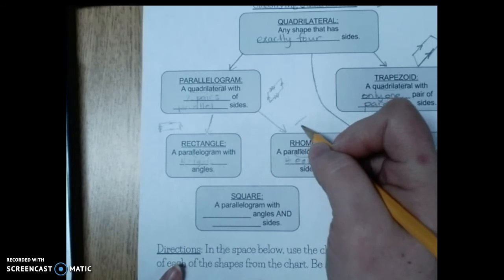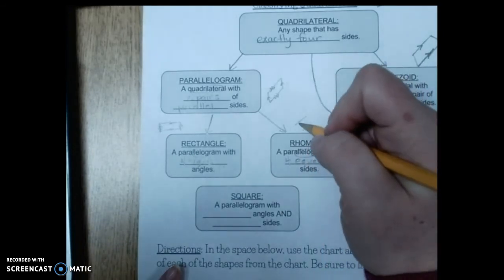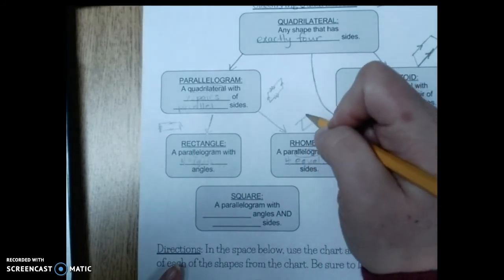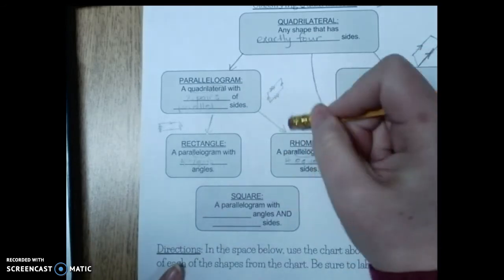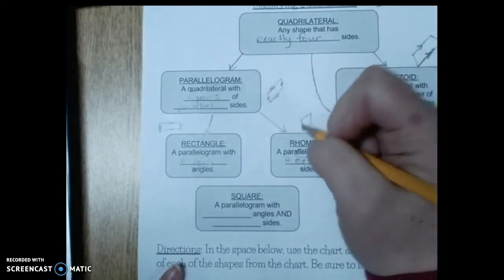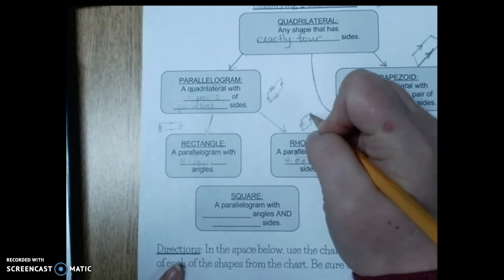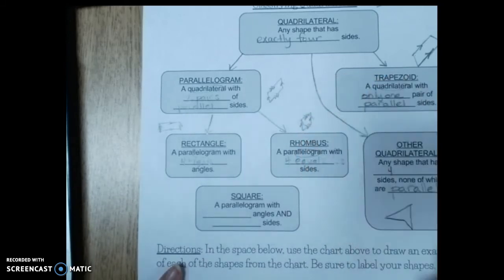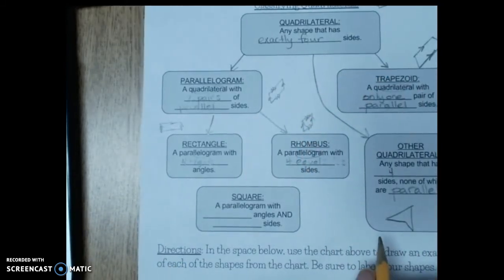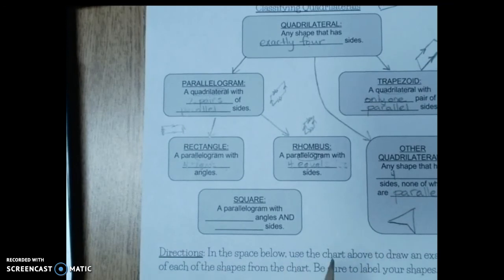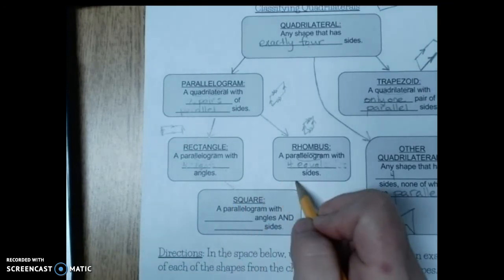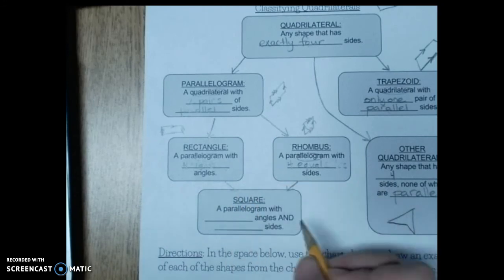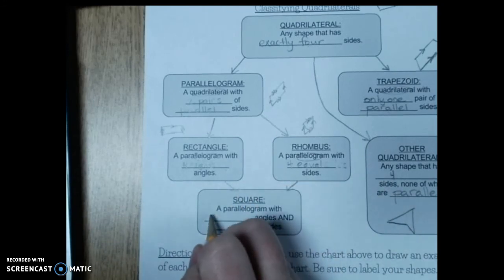So they still have to be parallel lines. I'm going to try to make them as equal in length as I can just by guessing. So parallel, parallel, and then these two are parallel. So that's a rhombus. Now, square is the most special type because it is all of the above: a parallelogram with 4 right angles.